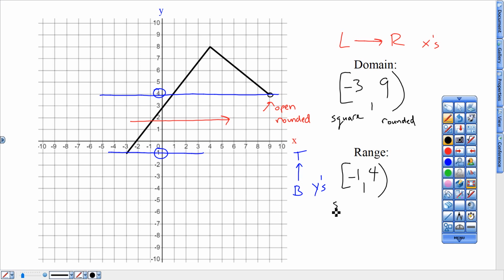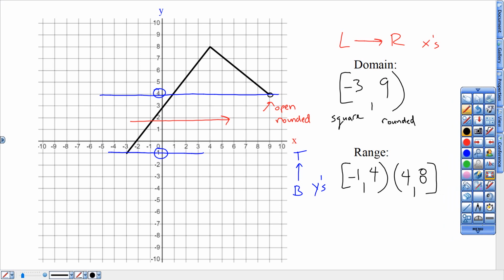So -1 to 4 rounded, and then from rounded 4 up to 8 square. And that's because of this open circle right here.